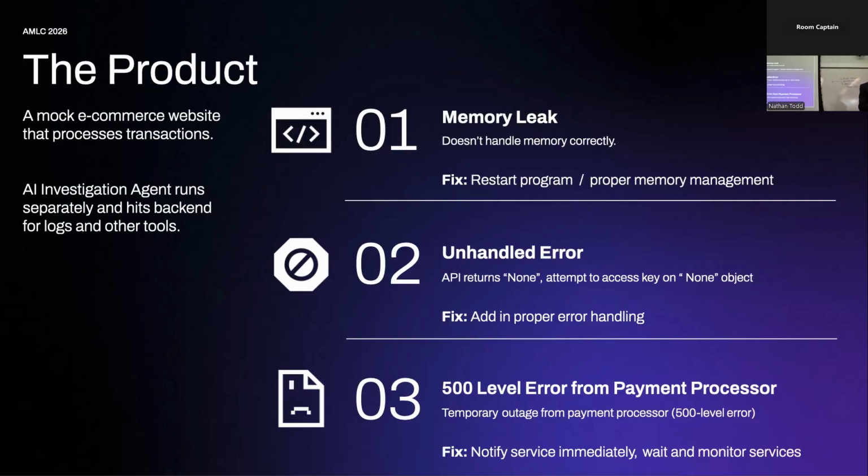When this error is enabled, essentially our API will occasionally return a none type, and our app will try to access it, throwing an error. So the fix to this bug in our code is to just add error handling. And then lastly, a 500 level error from our payment processor, such as, if this were Visa or someone who's upstream from our application, and their service is down, what do we do?